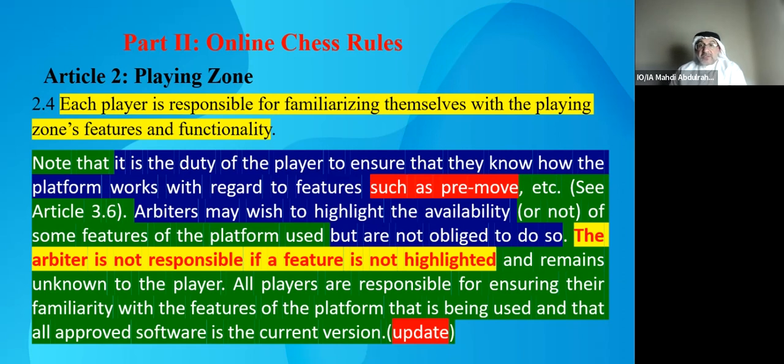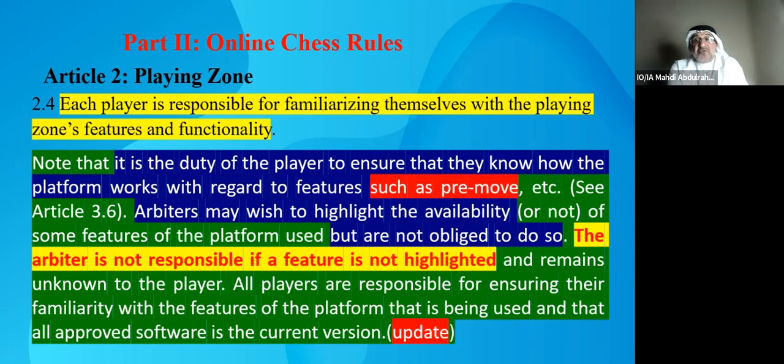So I must know how the pre-move works. For example, see the article: the arbiter may wish to highlight the availability or not. So pre-move, if you go to the system, you can make it active or inactive. So it must be the player's responsibility to do this. For example, if you have move confirmation, once you play your move, the computer asks you, are you sure you want to play this move?